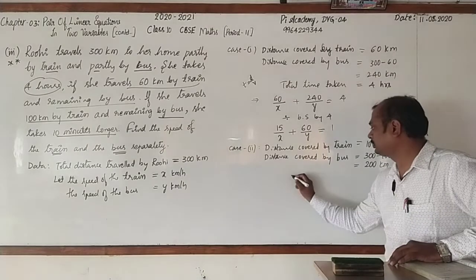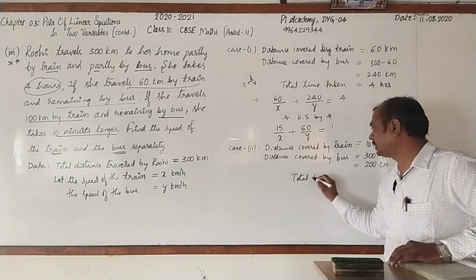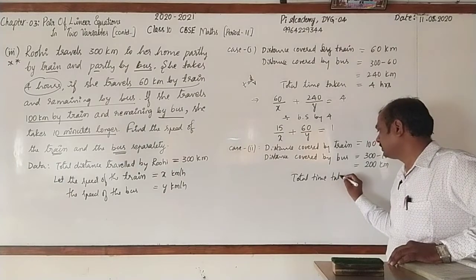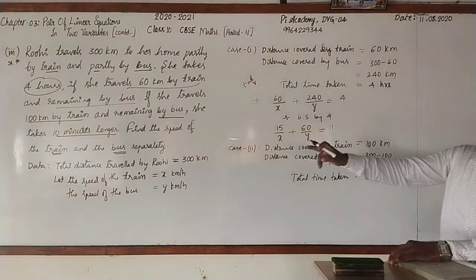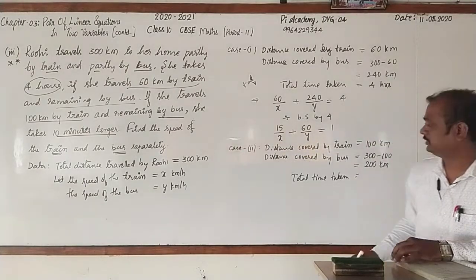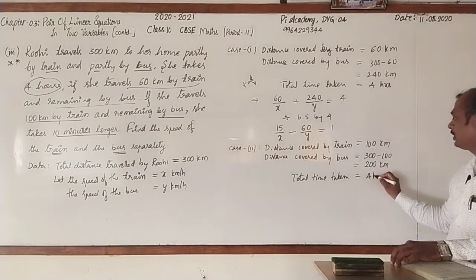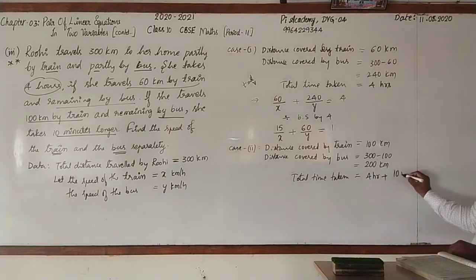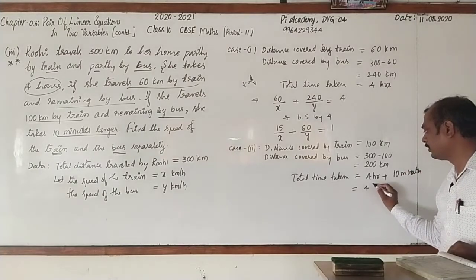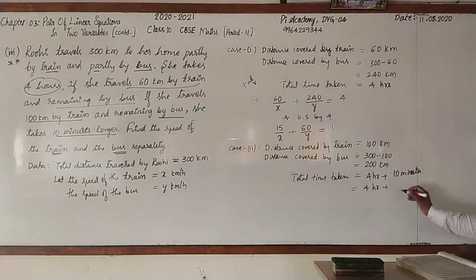What is the total time taken? Earlier, she had taken 4 hours. Now, this time 10 minutes longer. Hence, we can write 4 hours plus 10 minutes. 10 minutes can be written as 10 by 60 hour, right?